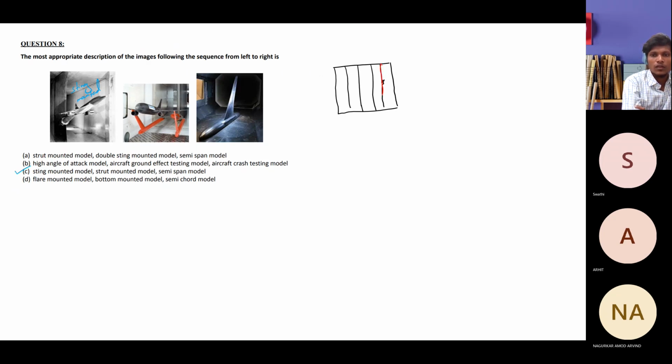So this interrogation window, you are dividing into some number of pixels, or interrogation windows. This consists of a number of pixels.